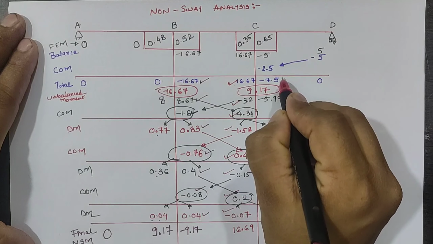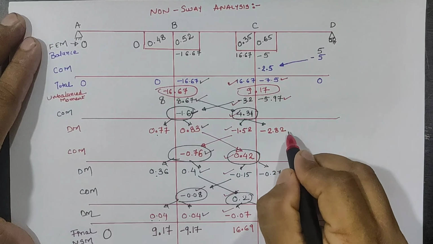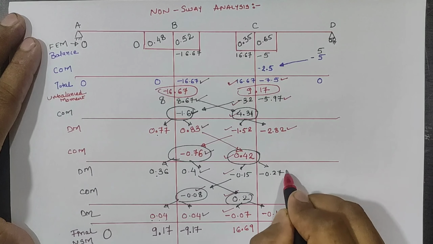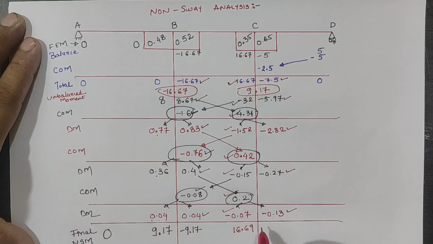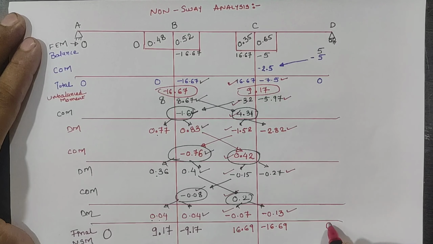Similarly, at CD span, minus 7.5 minus 5.97 minus 2.82 minus 0.27 minus 0.13, which is equal to 16.69. Both values are equal, hence our steps are okay, and at joint D our value is 0.